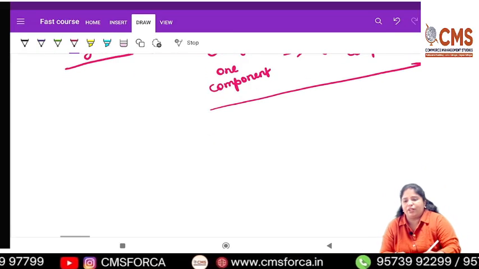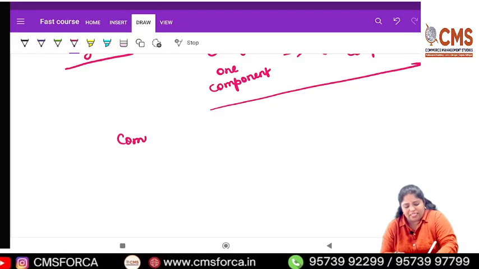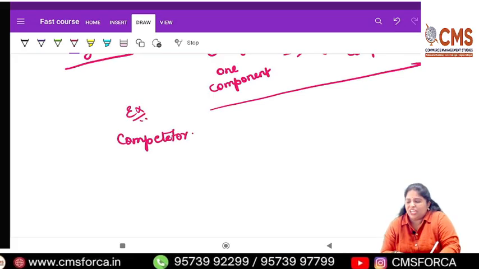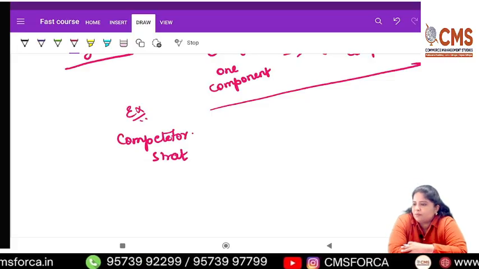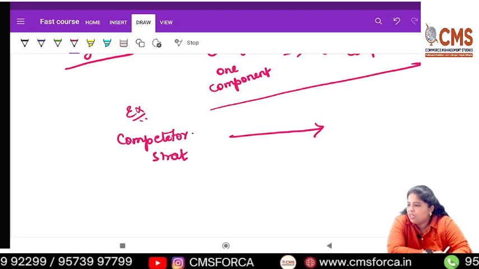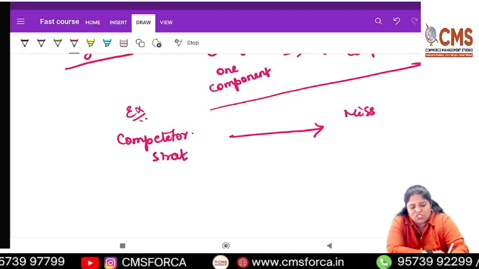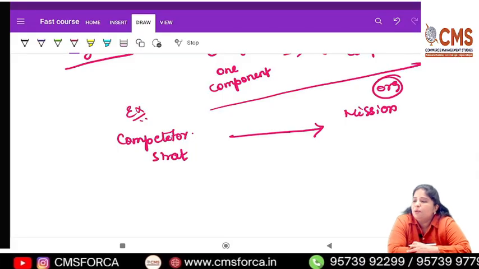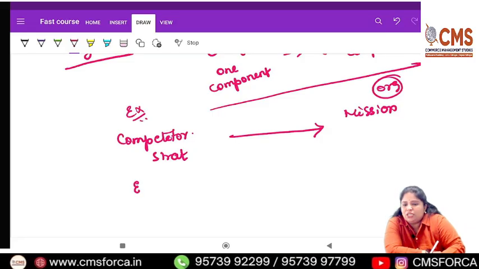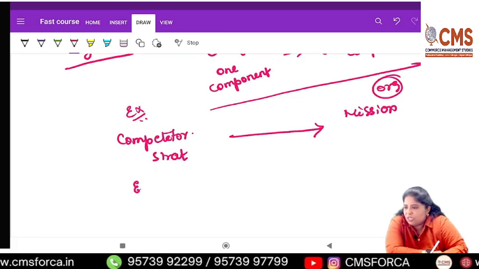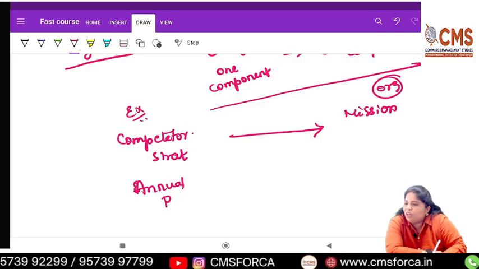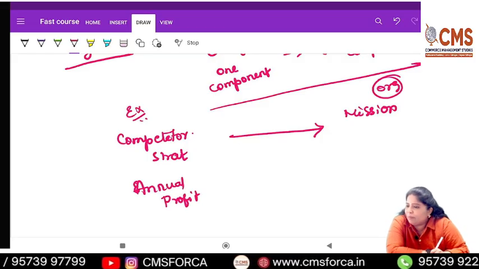Now, let's talk, for example, about your competitor. Let's take some examples here which are important for your exam. There are changes in competitor strategies. Then obviously, to survive in the competition as an organization, that forces change in the organization's mission. Suppose your annual profit target is not met.